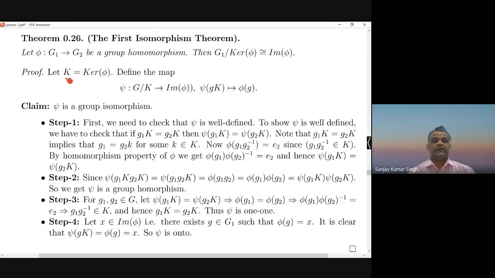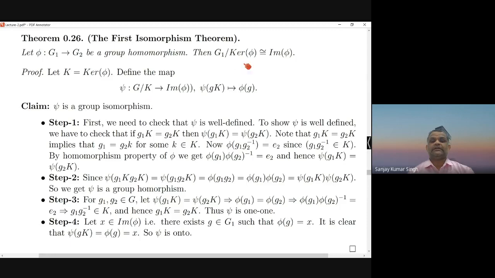So K denotes the kernel of phi, and define a map psi from G by K to the image of phi. There is some typo, one bracket is here. So now define psi, sending, so this is a collection of all cosets. Now you don't care whether it is a left coset or right coset. Why?